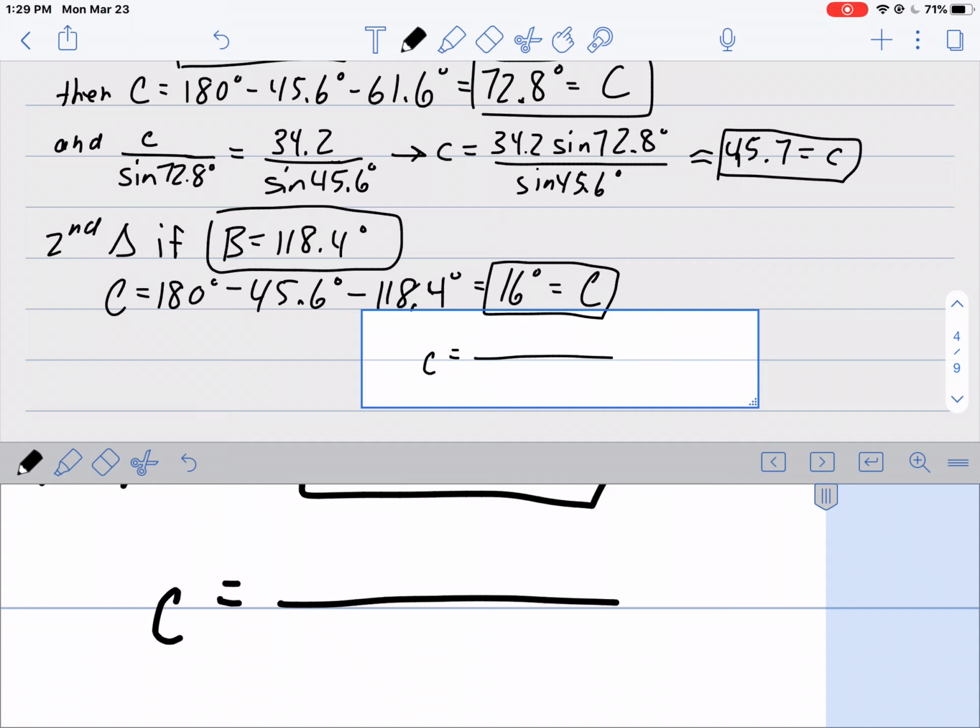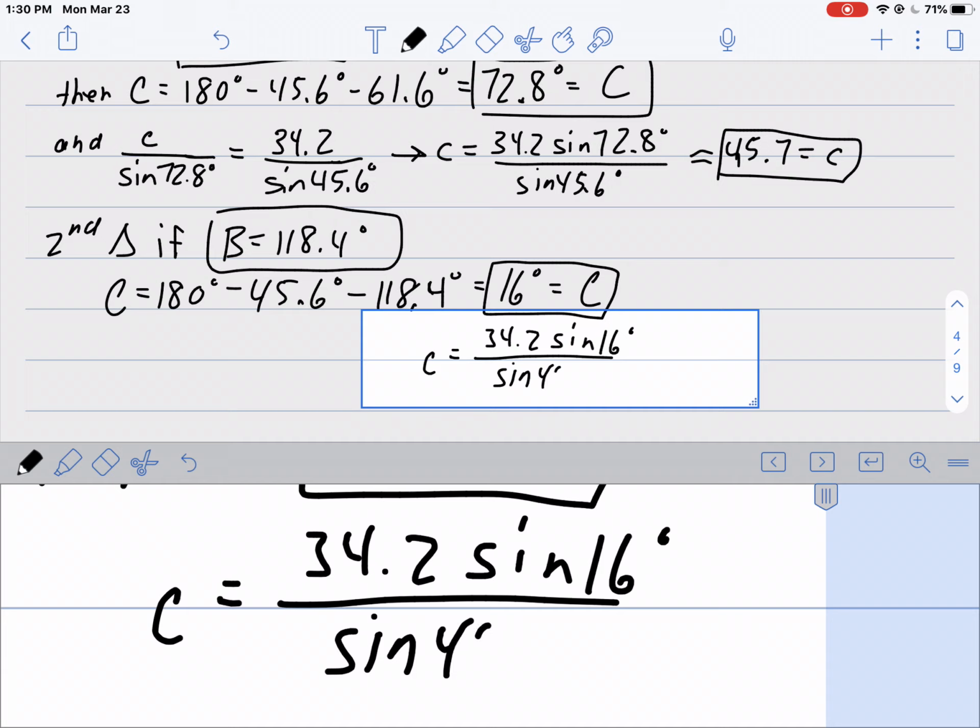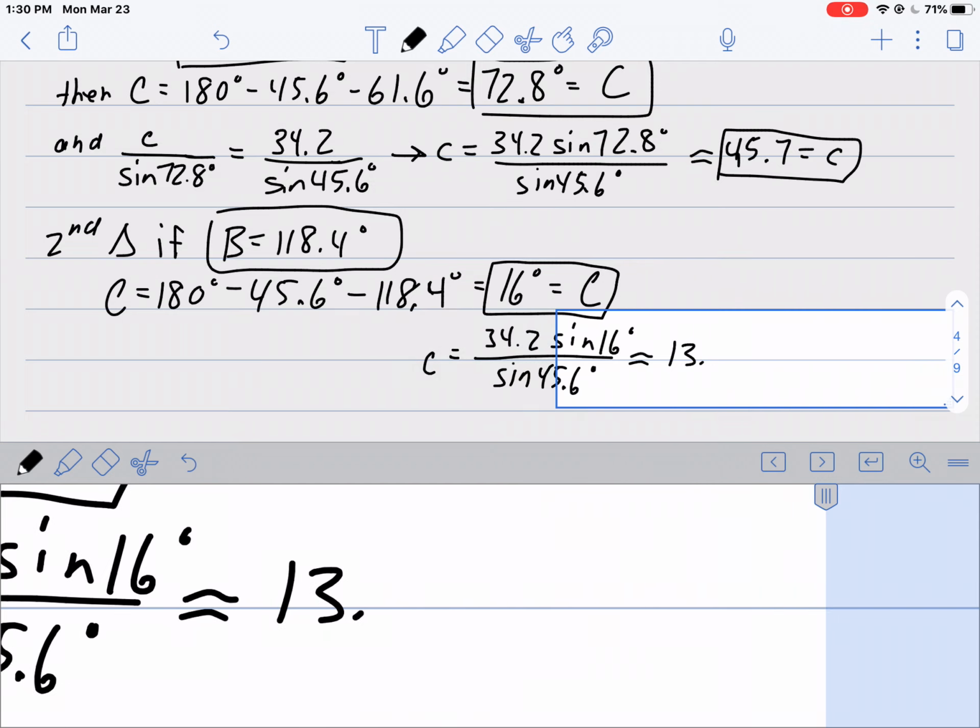So 34.2 times sine of 16 degrees over sine of 45.6. And that'll give you approximately 13.2 as the length of side C.